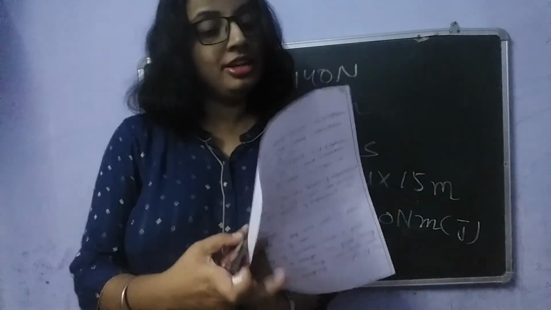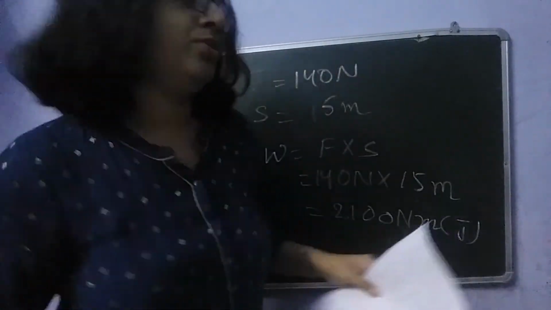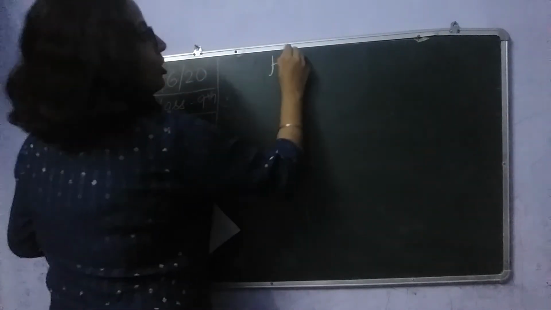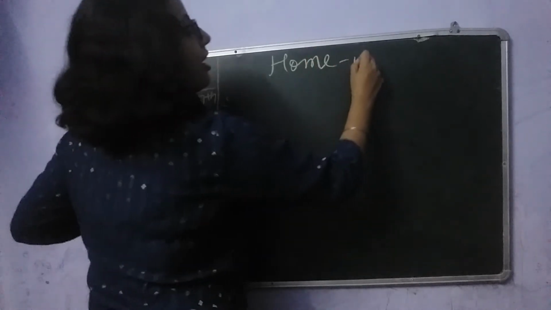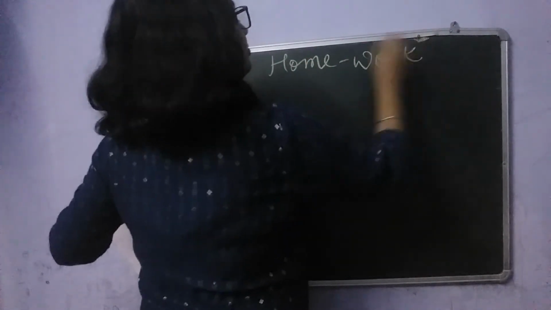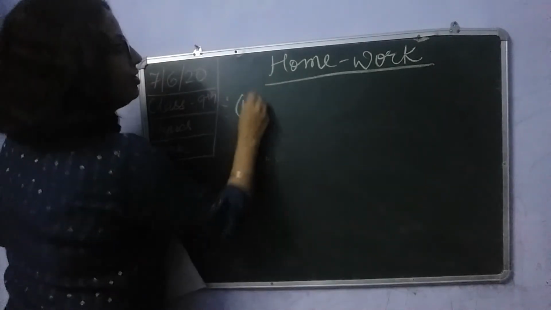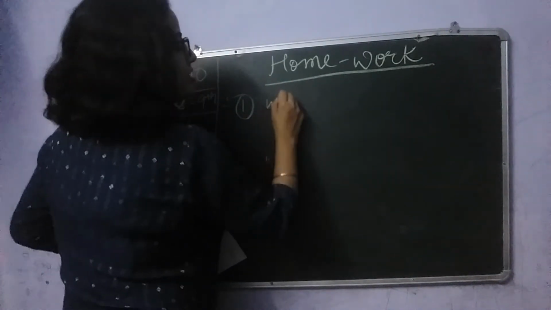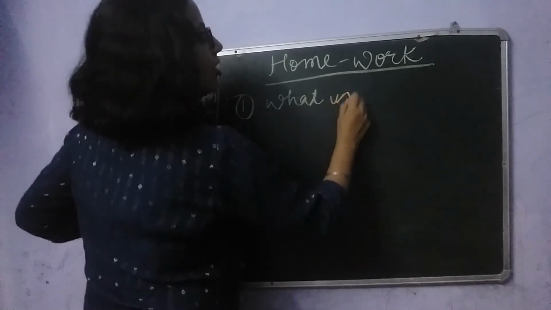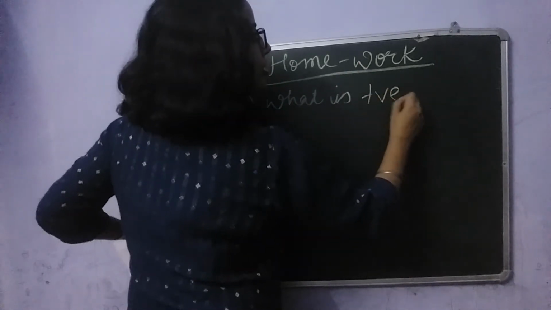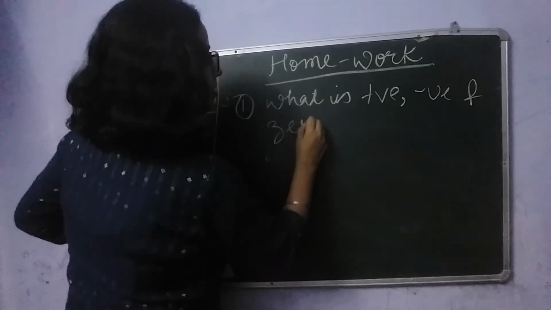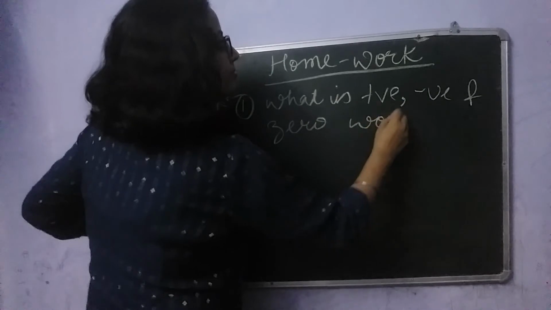So now that's all for today. Here are some homeworks. Okay, write down the questions. The question number 1 is: what is positive, negative and 0 work done?